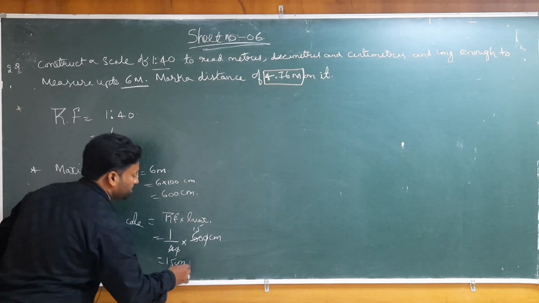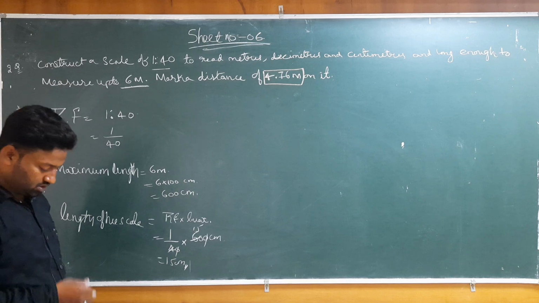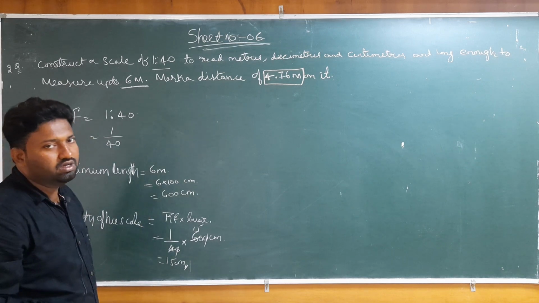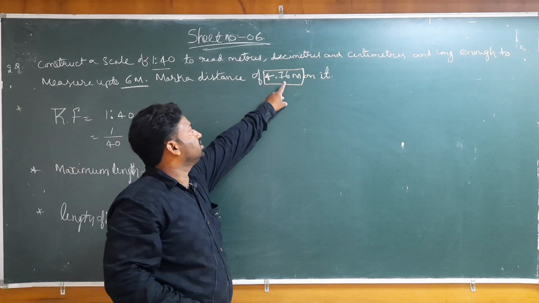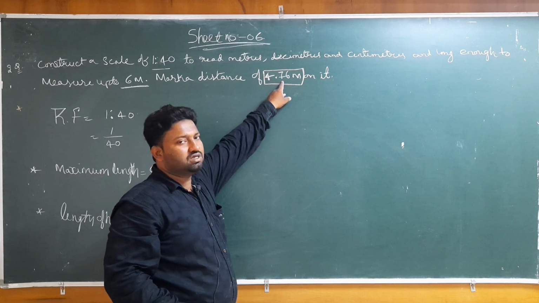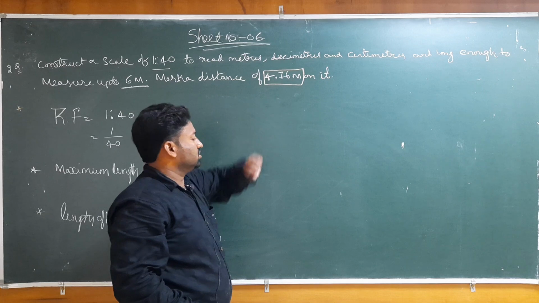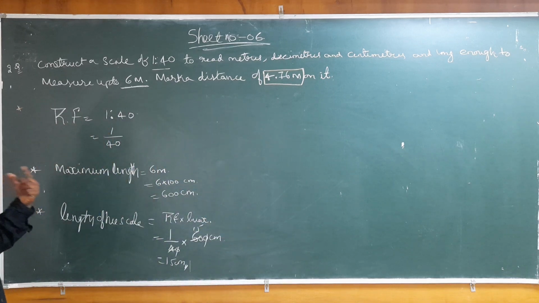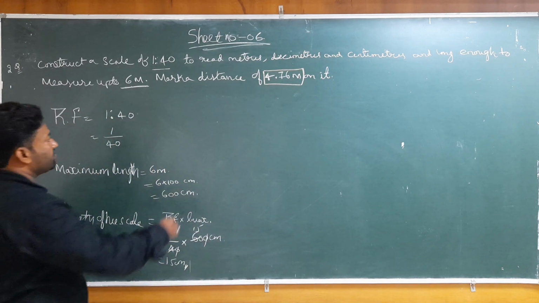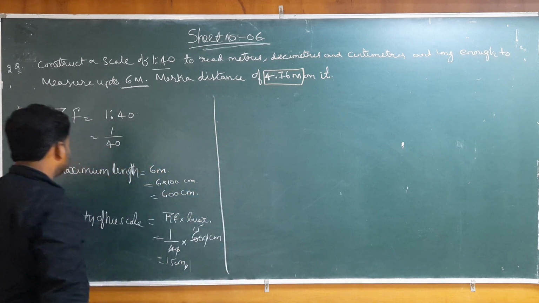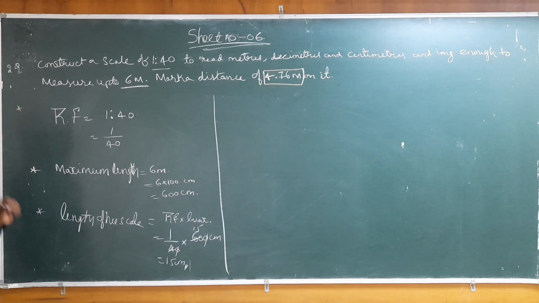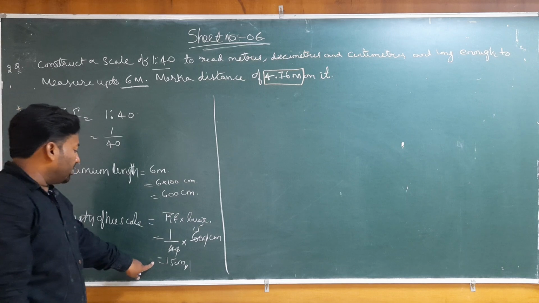This is the same as the plane scale problem I took; I just changed the value, instead of the previous 4.7 I have added one more value, that is 6. So the calculation of the previous one and this one is the same. For all the scales, the calculation concept is the same. Now we have got the length of the scale.